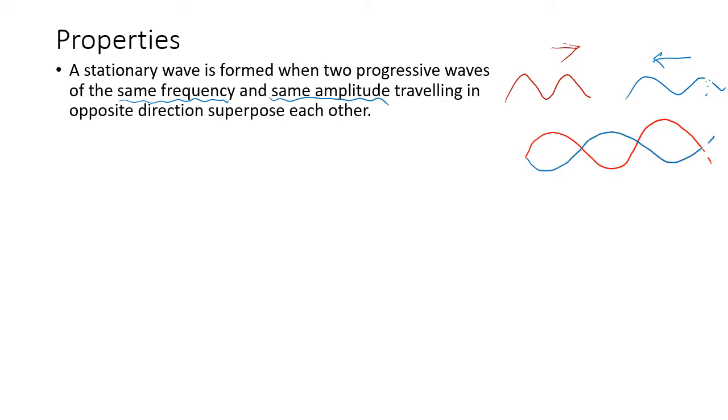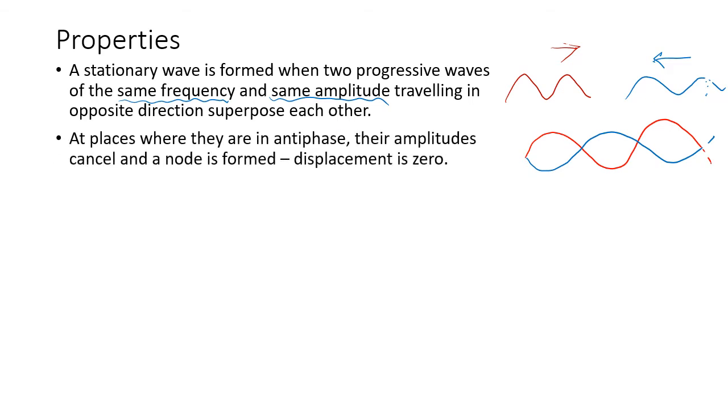At some places where they are in anti-phase, when those two waves are mixing, they will cancel each other, and these are the regions where they cancel each other and result in no displacement at all. Those regions are called the nodes. A node is a region where the displacement is zero.